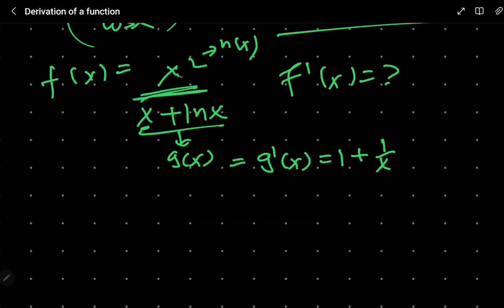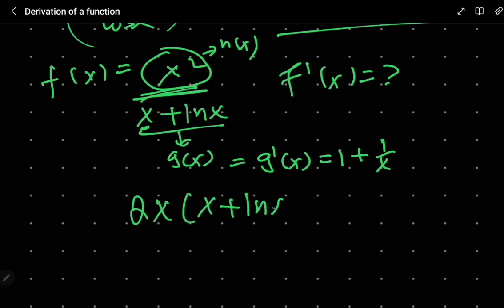So this is equal to the derivative of the numerator function, 2x, times the denominator as it is, x plus ln x, then minus the derivative of the denominator, which is 1 plus 1 over x, times the above function, x squared.